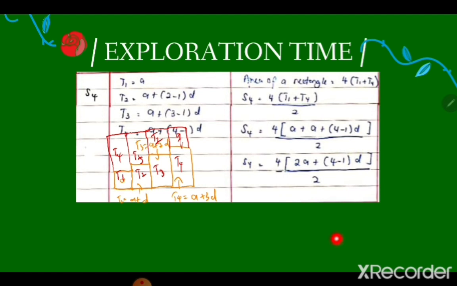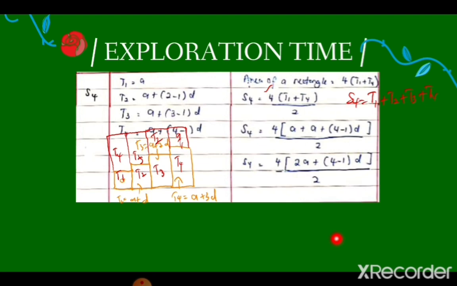So we have 4 equal sizes of T1 plus T4. So this is why 4 is here. And then again, S4 is actually T1 plus T2 plus T3 plus T4, the sum of the first 4 terms, from the first term to the fourth term.